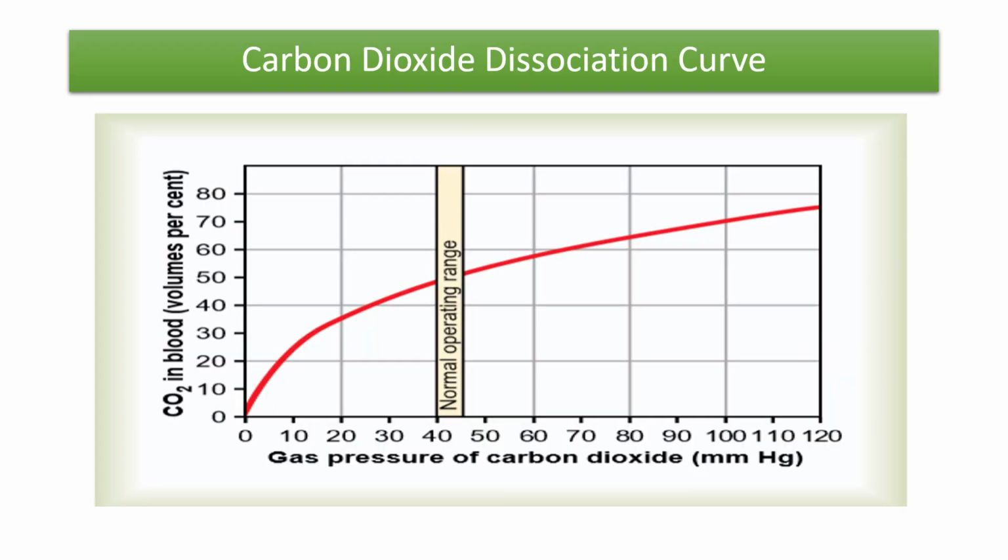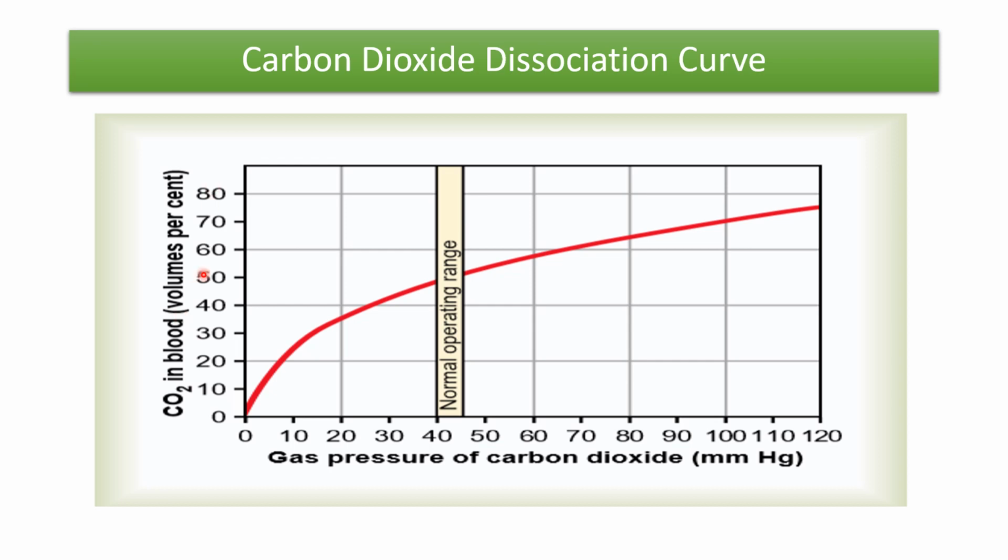This is the carbon dioxide dissociation curve. Let me take the pointer. Yes. This is the normal carbon dioxide dissociation curve, and it is obtained by plotting the relationship between partial pressure of carbon dioxide in mmHg on the x-axis against the total volume or content of carbon dioxide in volumes percent.